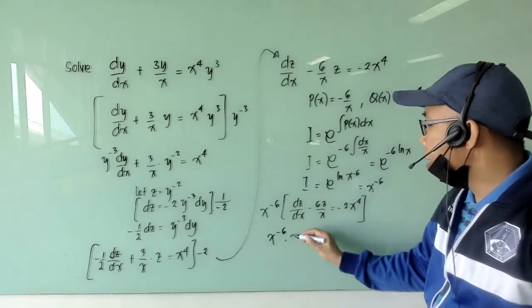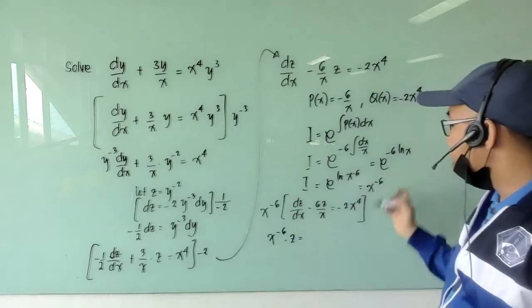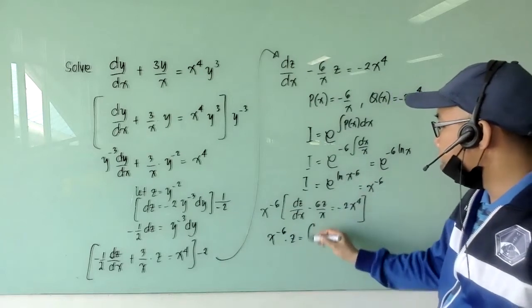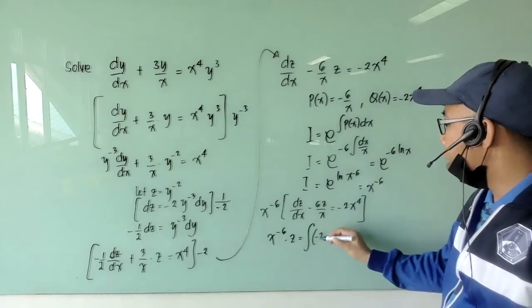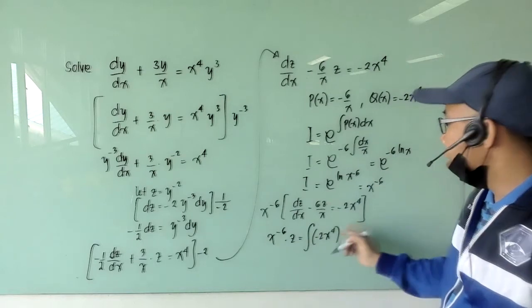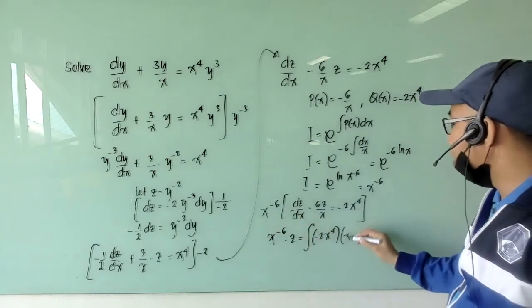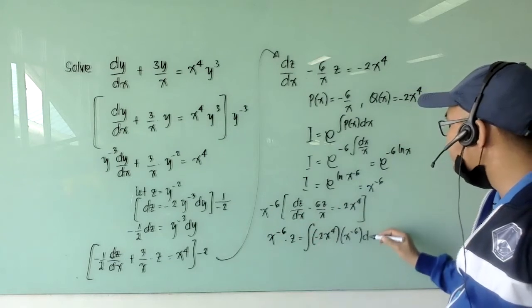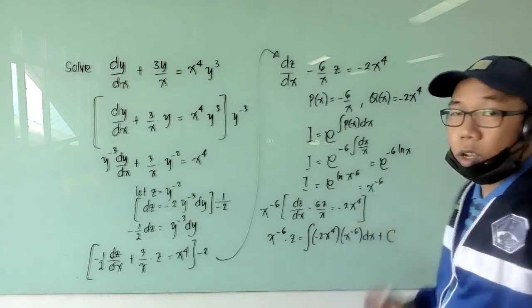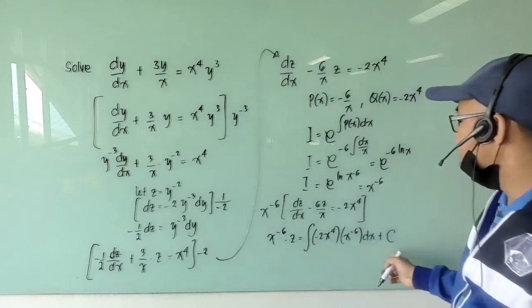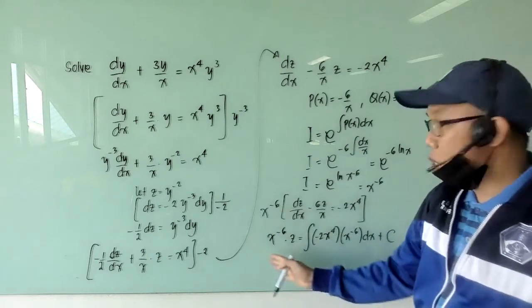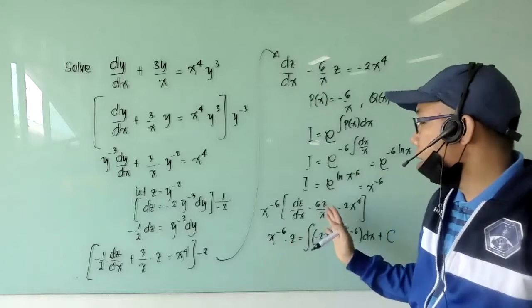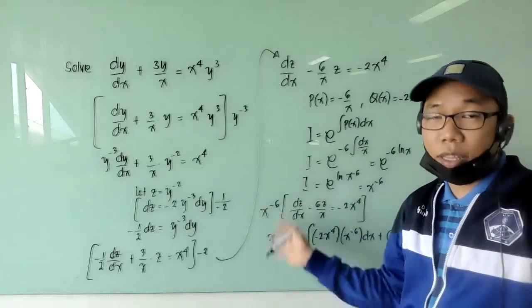So times z equals, the right-hand side will be, of course, your q of x, which is minus 2x raised to 4 times the integrating factor, so x raised to minus 6 times dx, plus the constant of integration, plus c. Now, you need not integrate the left-hand side of the equation because this is already the answer.